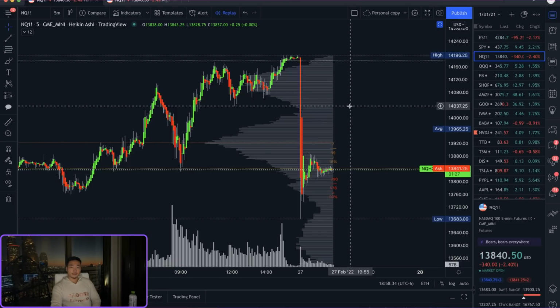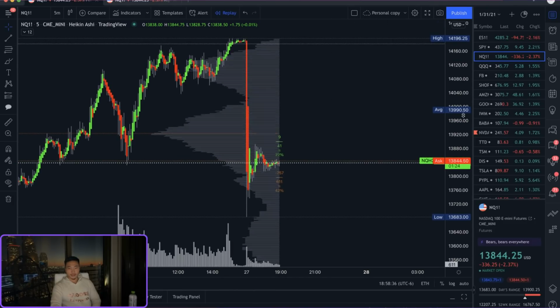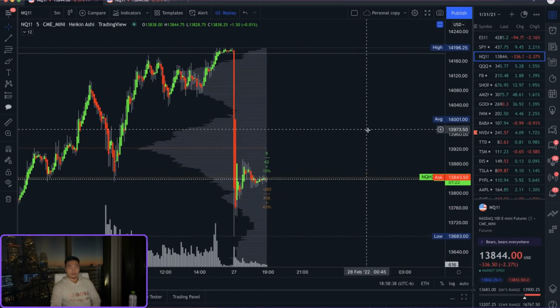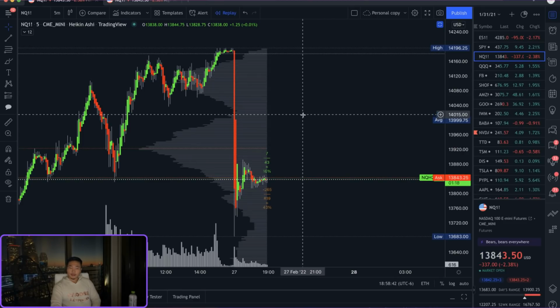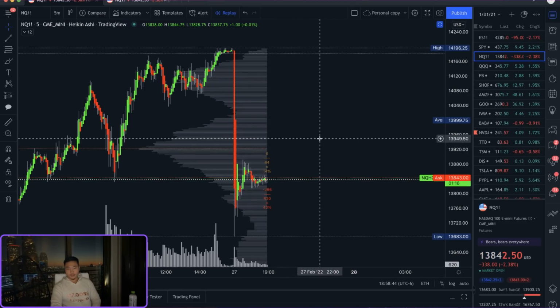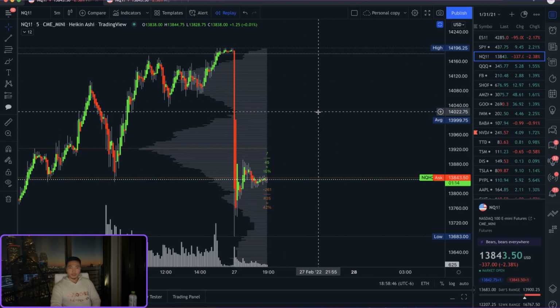What is a distribution gate? A distribution gate is when, let's say here is a distribution and here's another distribution, and that little gap in between, the low volume node, you can consider that a distribution gate.